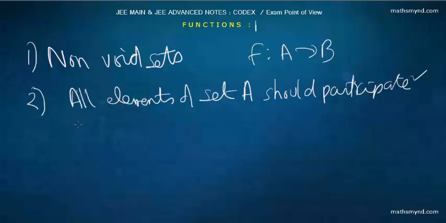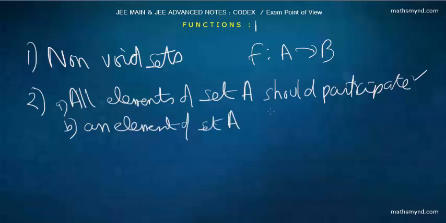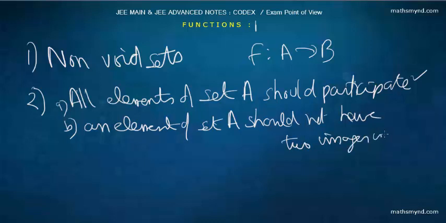And along with that, an element of set A should not have two B images. That is a key point.